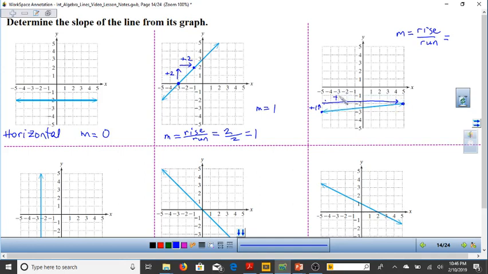So we're going over to the right 10 units. So the slope here is 1 over 10. And there you have it. M is equal to 1 over 10.